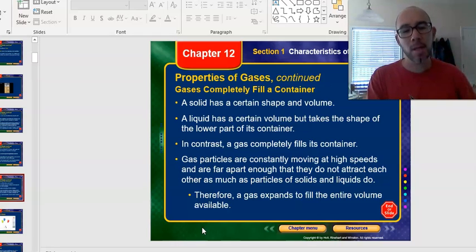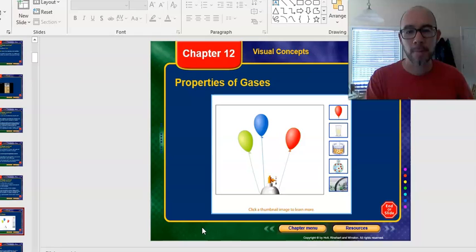It stays at the bottom. Contrast, gases fill their containers and gas particles are always moving, and as I said, high speeds and are far enough apart that they do not attract each other. Like we won't have the same type of sticky forces that we'd have with liquids or with solids, and therefore a gas expands to fill the entire volume available, like a balloon.